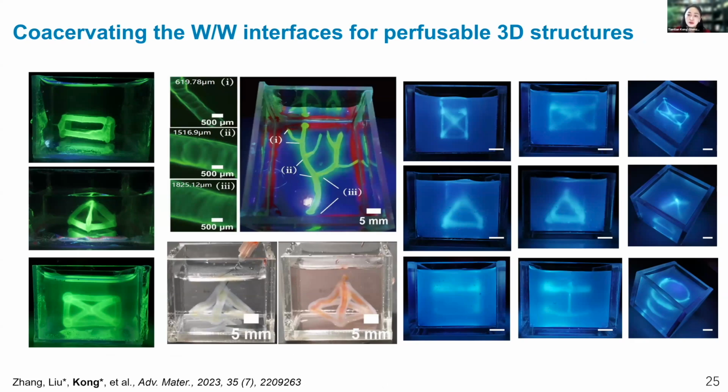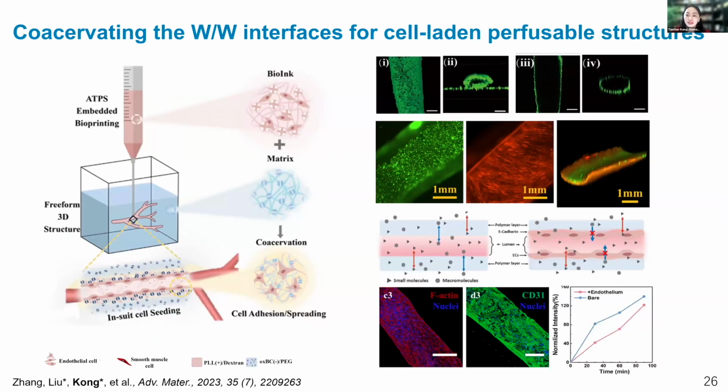As an example, we co-seeded endothelial cells in the ink phase and smooth muscle cells in the matrix during jet extrusion. And then we made the interfacial coacervation. This interfacial coacervate functions as a scaffold that supports cell attachment and culture.